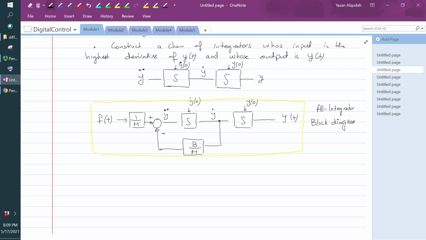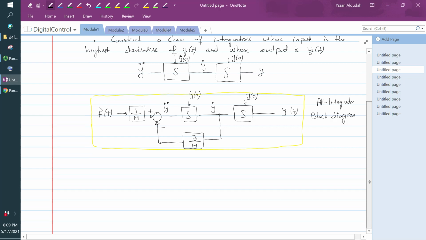Now we can also obtain this diagram from the transfer function. If I look at this representation here, I can write this as f of s multiplied by 1 over m, and then 1 over s plus b divided by m, and then 1 over s, and this is going to give me y of s.